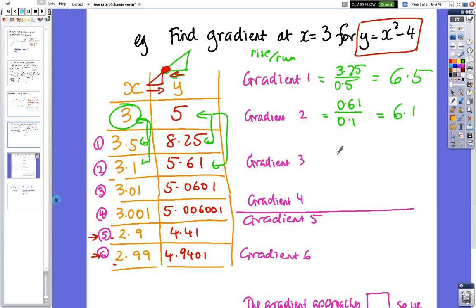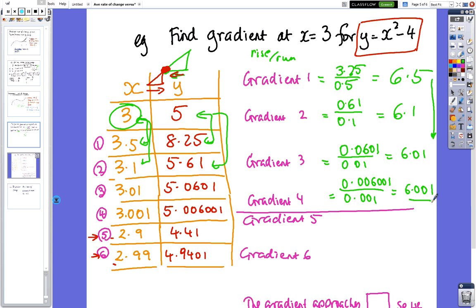Next is 0.0601 divided by 0.01, so I've got 6.01, so we've still got the 6. And the final one, 0.006001 divided by 0.001, so now I've got 6.001. You can see that it started at 6.5 and it's getting closer to a value.